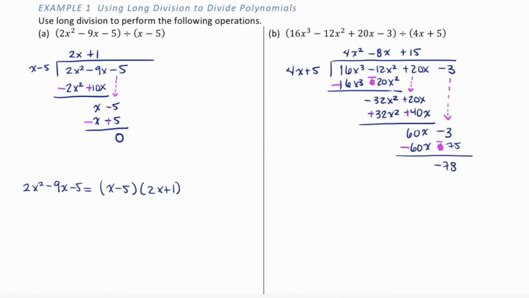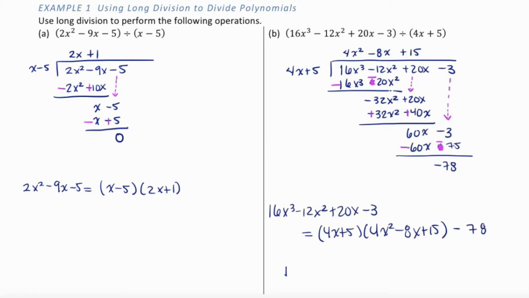So we have our final answer of 16x cubed minus 12x squared plus 20x minus 3 equals 4x plus 5, our divisor, times 4x squared minus 8x plus 15, our quotient, plus our remainder, and it's a negative, so I'll just write minus 78.